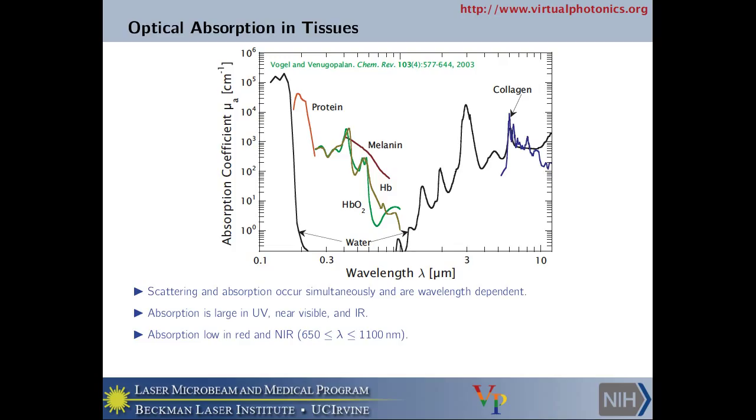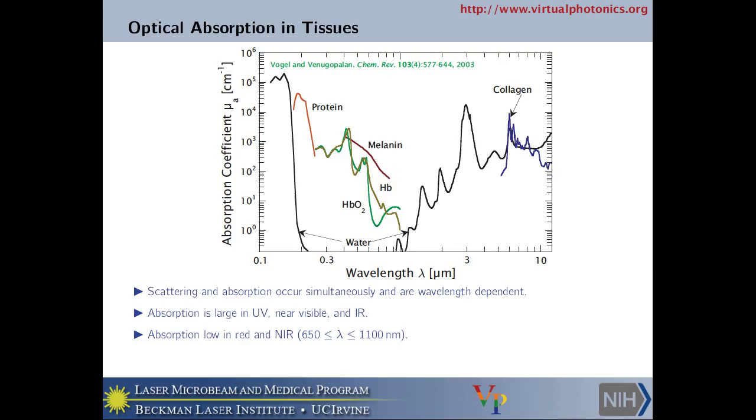Prominent absorbers in the visible and near infrared are oxy and deoxyhemoglobin and melanin. Although if you do any experiments or do therapy in the near visible ultraviolet, you have to deal with DNA, with protein, and in the vacuum ultraviolet, you actually have a lot of absorption by water.